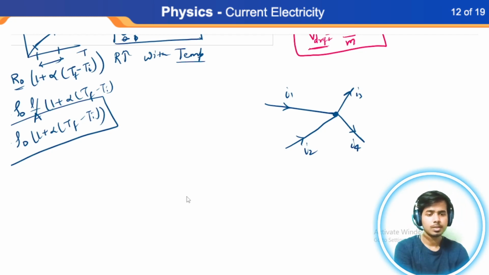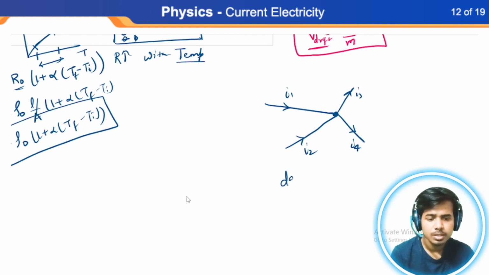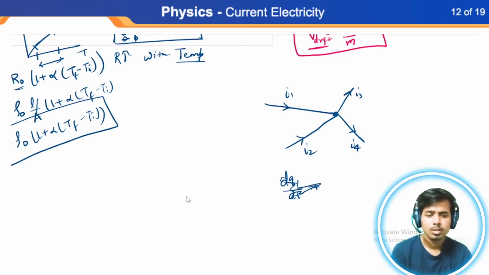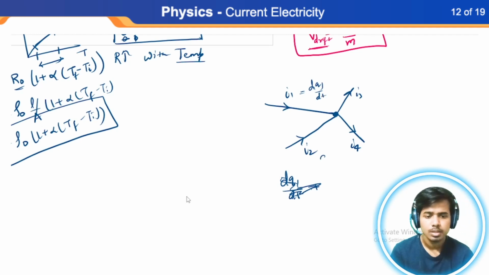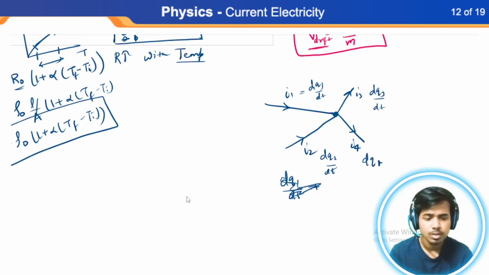Then isn't it simply dq1 by dt plus, what are these basically? dq1 by dt, right? dq2 by dt, dq3 by dt and dq4 by dt.